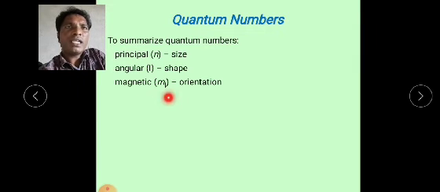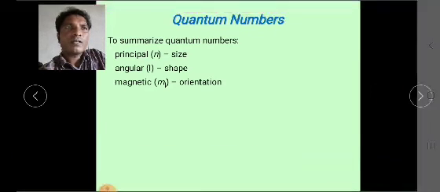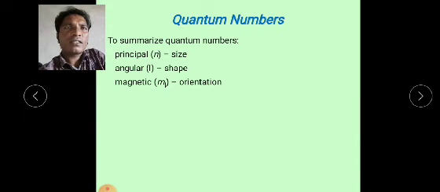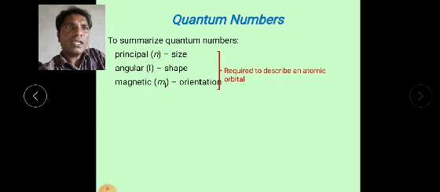Third is the magnetic quantum number, which describes orientation. So principal quantum number describes size, angular quantum number shape, and magnetic quantum number orientation. All these three types of quantum numbers are required to describe an atomic orbital.